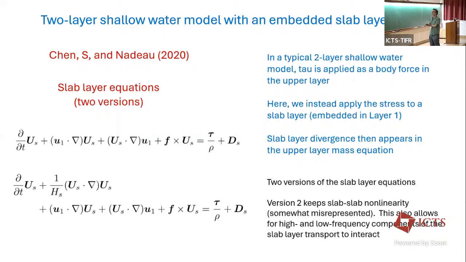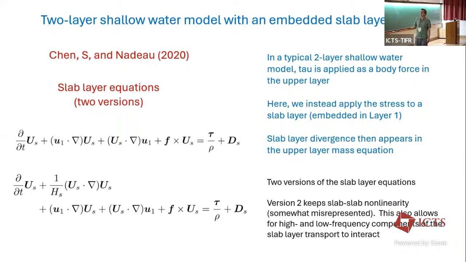The way we thought about this was we wanted a simple model. We called it a toy model at the time, but the reviewers didn't let us call it a toy model for some reason, so we called it a simple model. It's just a two-layer, doubly periodic f-plane shallow water system. So I have layer one, layer two. There's a density in the top layer and a density in the bottom layer, so oil and vinegar. There's a rigid lid, and it just obeys the shallow water equations.